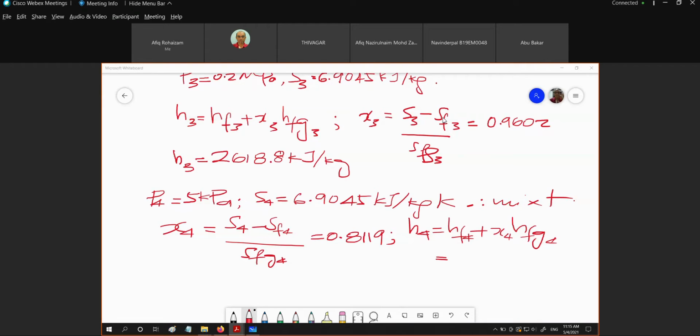I got 2104.98, that means 2104.98 kilojoule over kilogram.